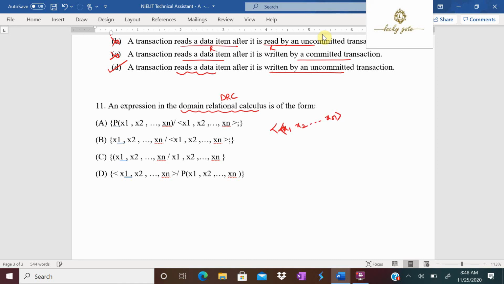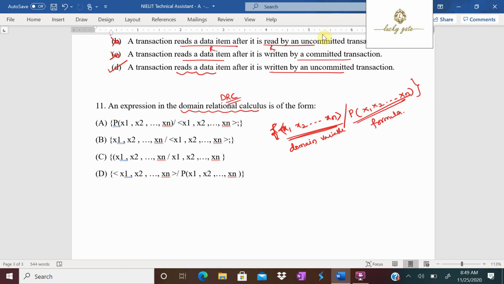It means whatever attributes are required to be selected, such that these attributes are selected based on the conditions that you write using a formula P of x1, x2, dash dash dash, xn. This P of x1, x2, dash dash dash, xn is called a formula which is describing the domain variables x1 to xn. These x1 to xn are called domain variables. This is the general form of a DRC query.